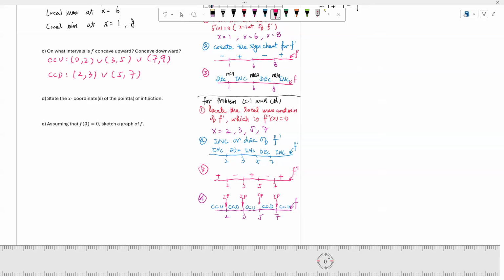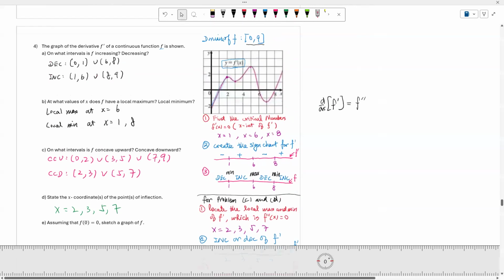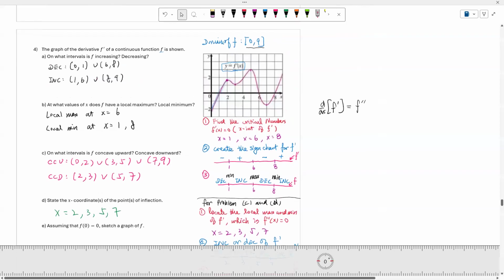Then, of course, the x coordinates of the inflection points are x equal to 2, 3, 5, and 7. Okay. Again, which are the local maximum and minimum of f prime.